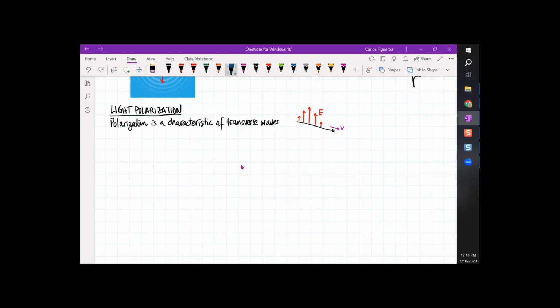And then this is my magnetic field. They're perpendicular to the velocity. That's what we mean by a transverse wave.